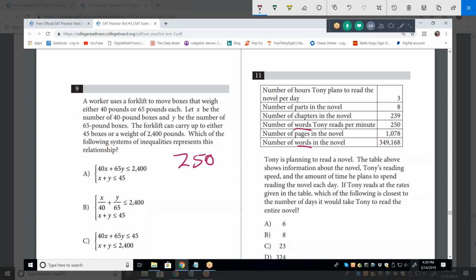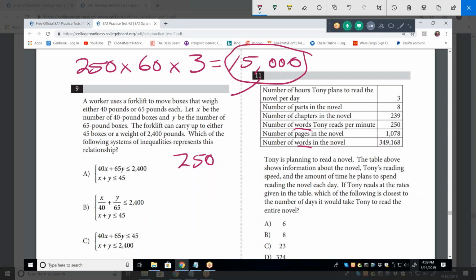I like that starting spot. 250 words per minute. So if he reads 3 hours a day, how many words is he going to read? Well, let's see. 250 times 60 times 3, right? That's equal to what? 15,000. So that's how many words per day he's reading. What do we do next?